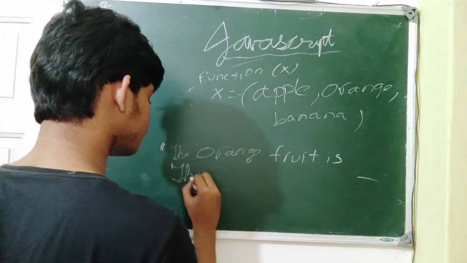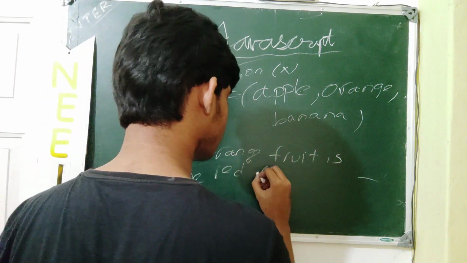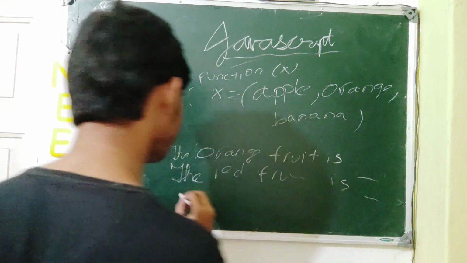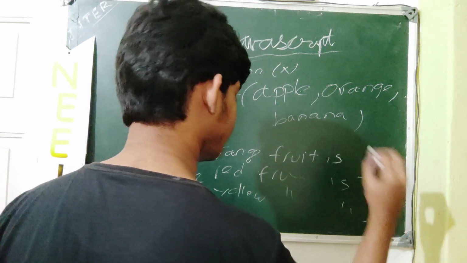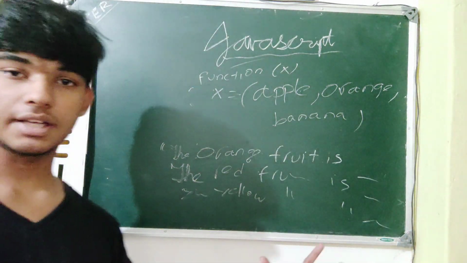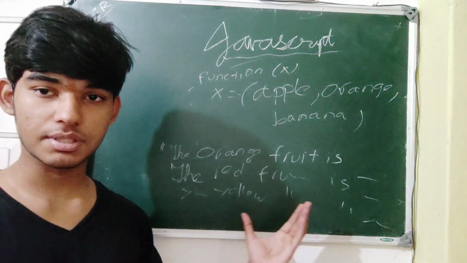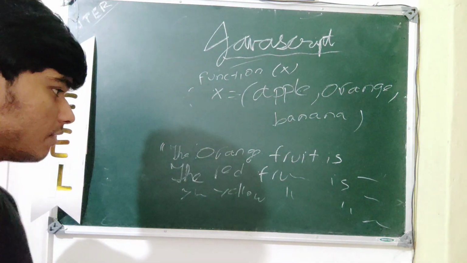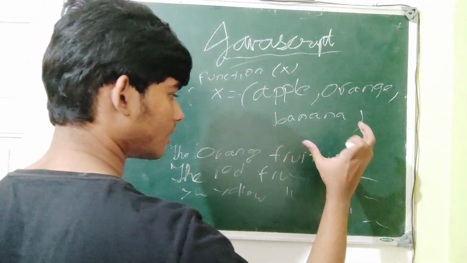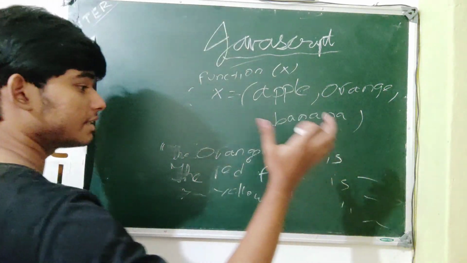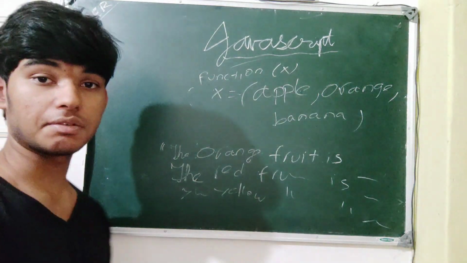So something like the red fruit is that and the yellow fruit dash. And imagine you have a scenario like this where you need to write them in specific order so that it displays in specific ways. So you need to make it in such a way that the parameter call is written for one specific printer and is not repeated or written in random order, because most of the time when you write a function like this, it is always randomized.